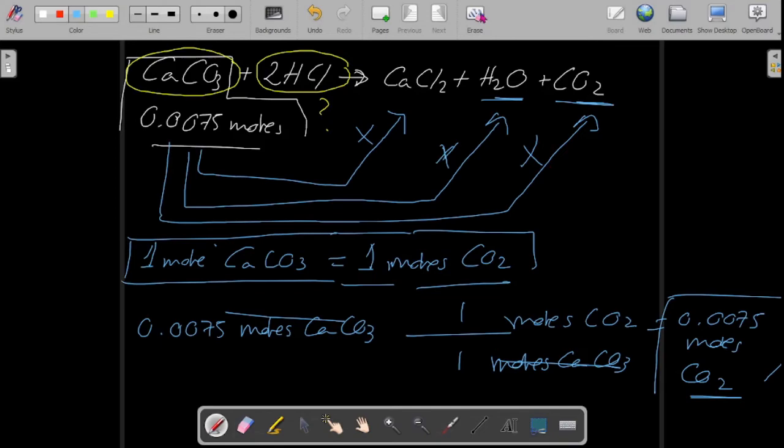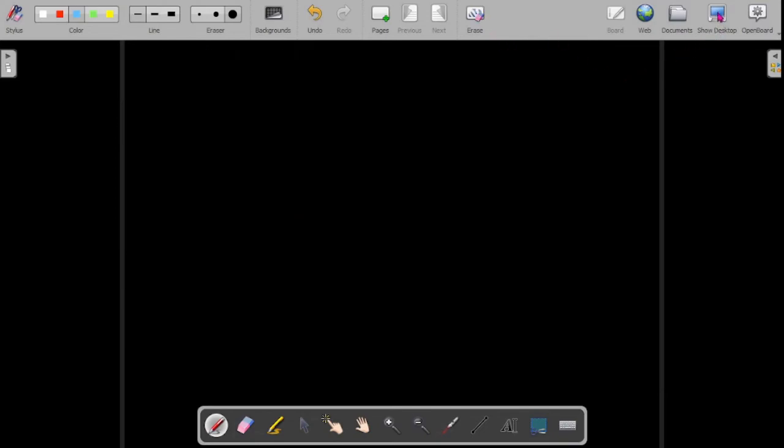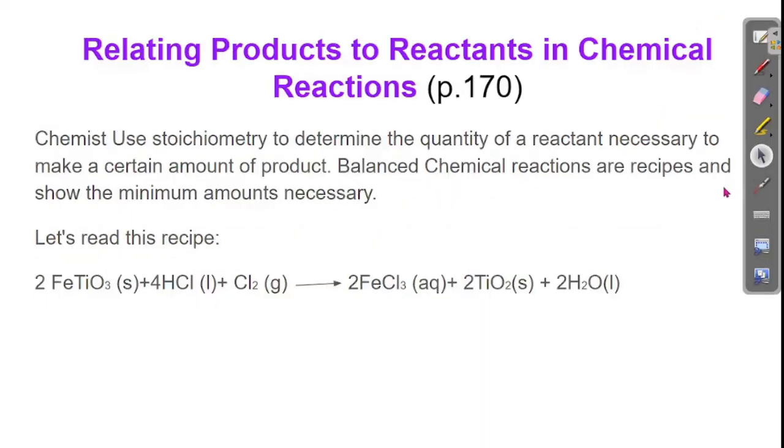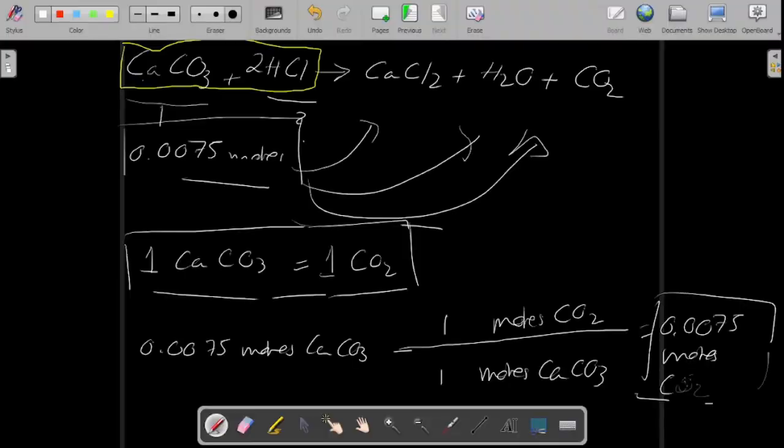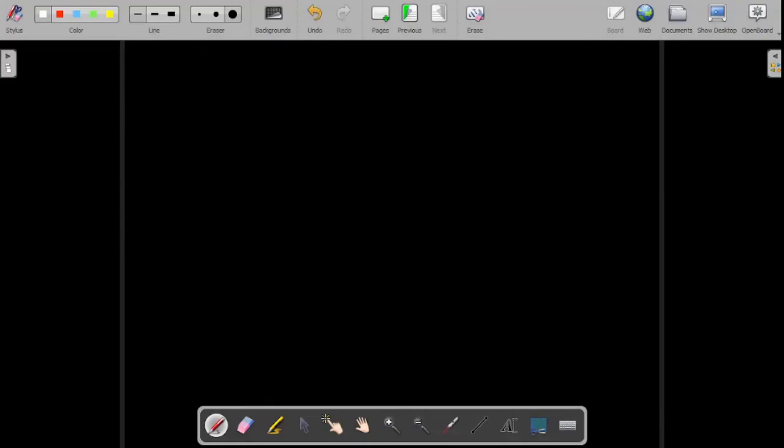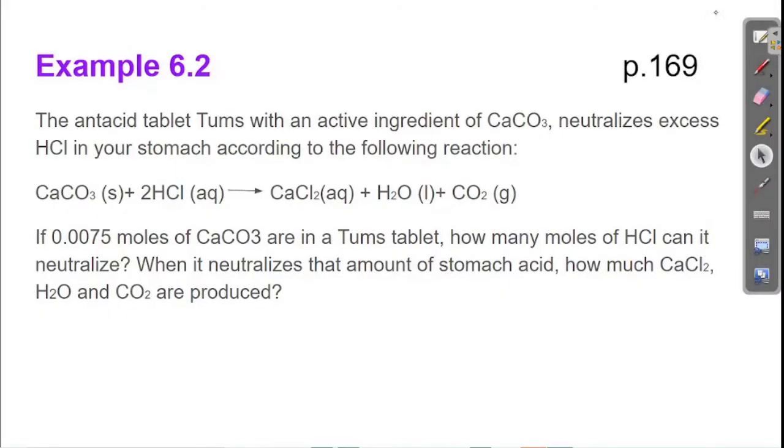So let's erase the whole thing, and let's go back to instruction for a second. If you have questions about this, ask. Let me clear these, go back to instruction, and let's move on.